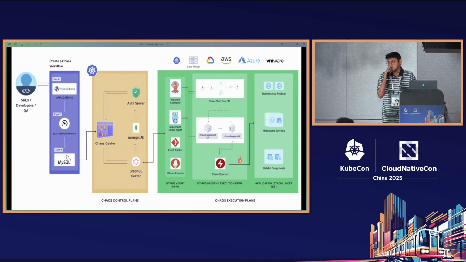There's an Argo workflow controller that helps inject the chaos. And then the chaos operator is doing all sorts of validations, policy checks, if you are even allowed to run chaos or not, if you have the required permissions or not. So it's the heart of the entire chaos injection, which is at the bottom, chaos operator. And once it's ready, it starts injecting chaos via multiple chaos jobs.